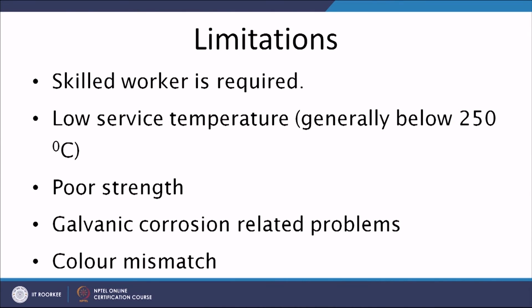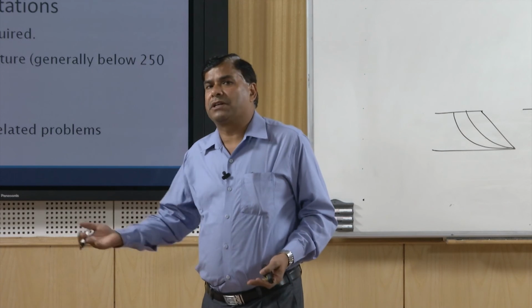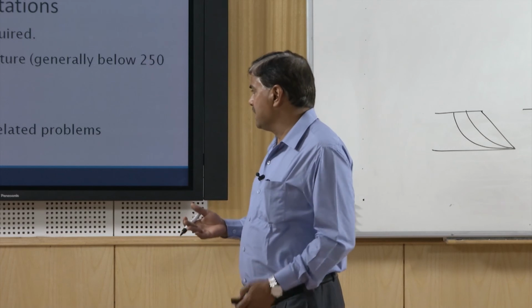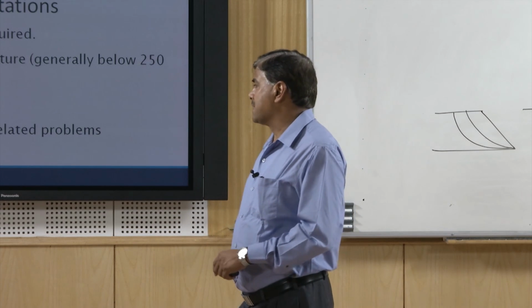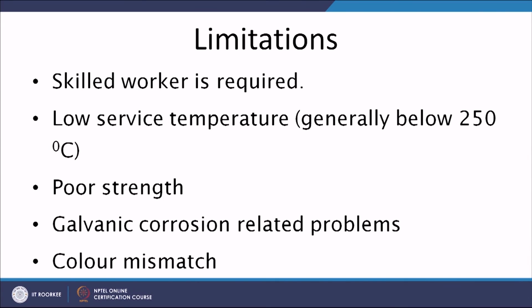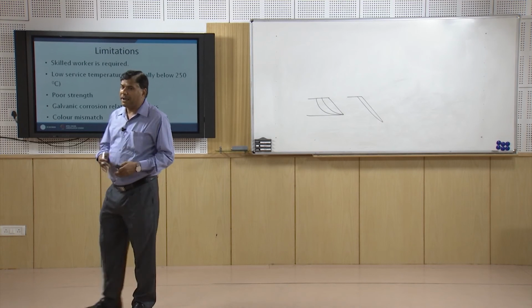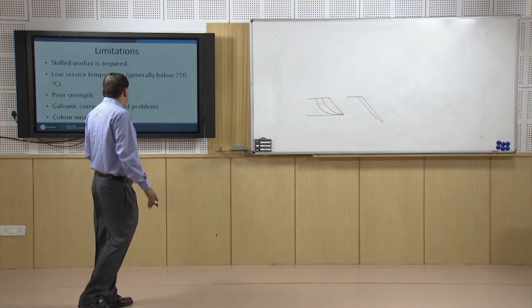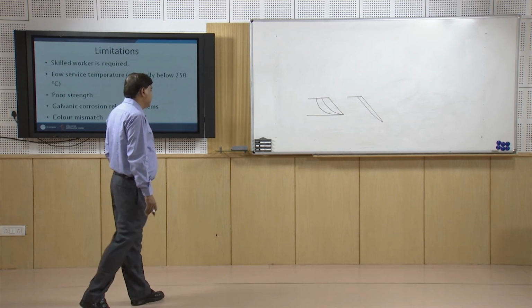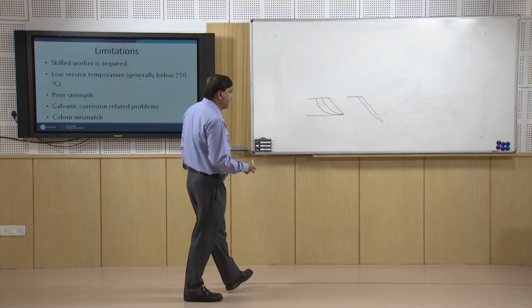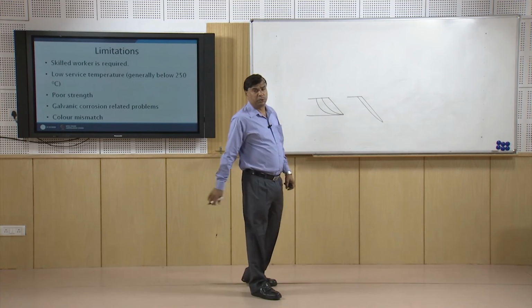Strength is somewhat poor, and due to the dissimilarity of the metals, galvanic couple formation can take place, which can increase the corrosion tendency of the base metal as well. And sometimes the aesthetic value is also lost because the copper, brass or solder may have a different color from the base metal. So, color mismatch problems can also be there in braze and solder joints.